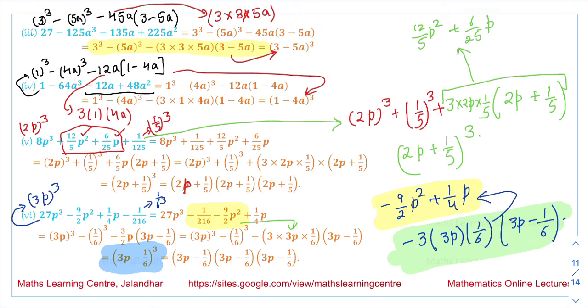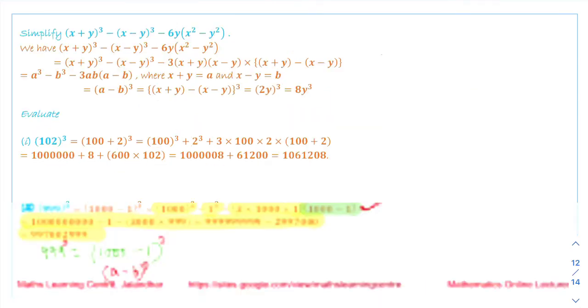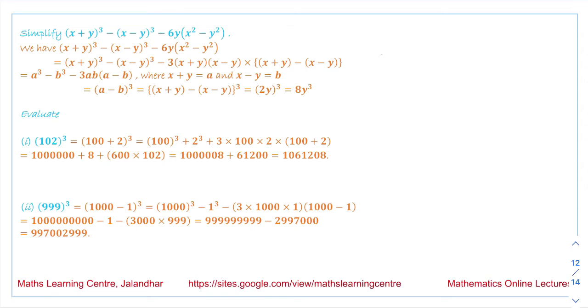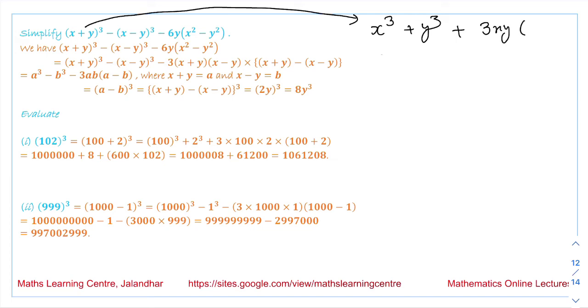So now in the next question we have x plus y whole cube minus x minus y whole cube minus 6y into x square minus y. We can use two kinds of approach. First, you just simplify these terms. The first term, applying the formula, is x cube plus y cube plus 3xy into x plus y.